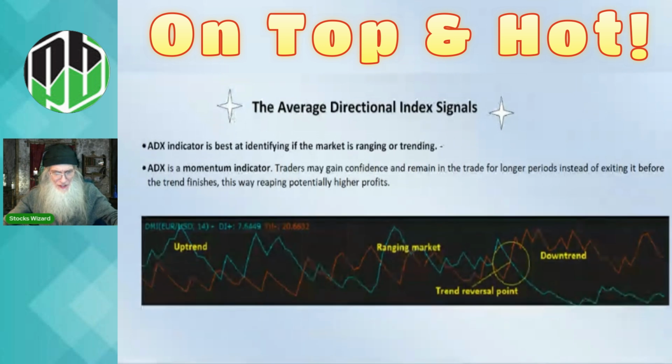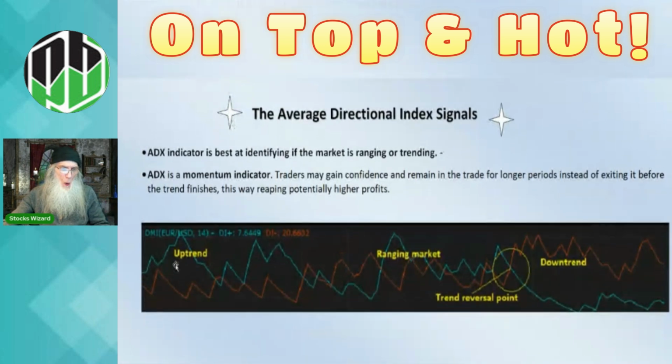Last glance, look down here. This is a one look tells it all. I can tell you what a chart is doing just by looking at the ADX. If I see all the green lines are up at the top of the ADX, I know it is in an uptrend. If I see that the lines are crossing each other over and over, lots of crosses, she's ranging. She's not getting anywhere.